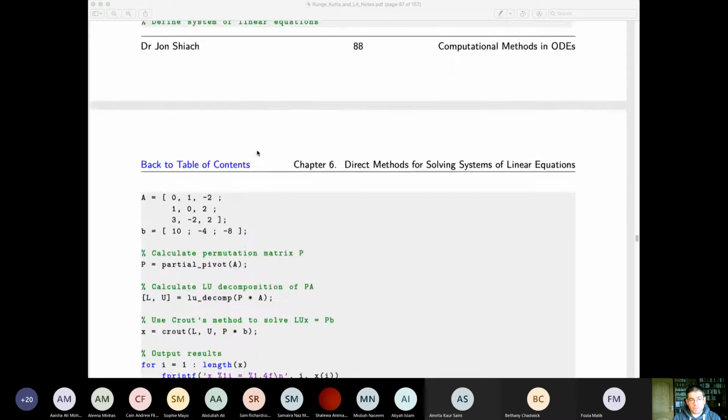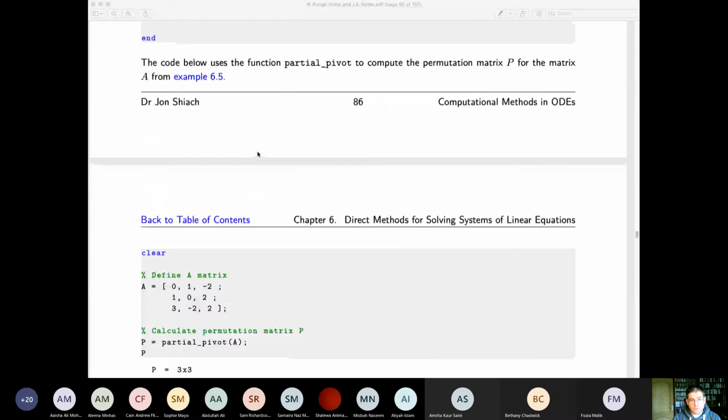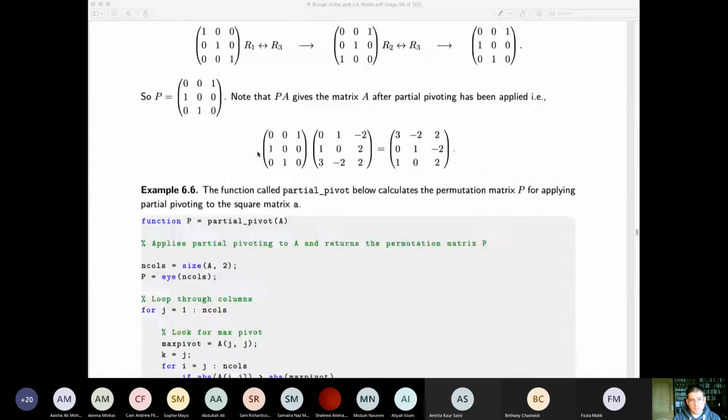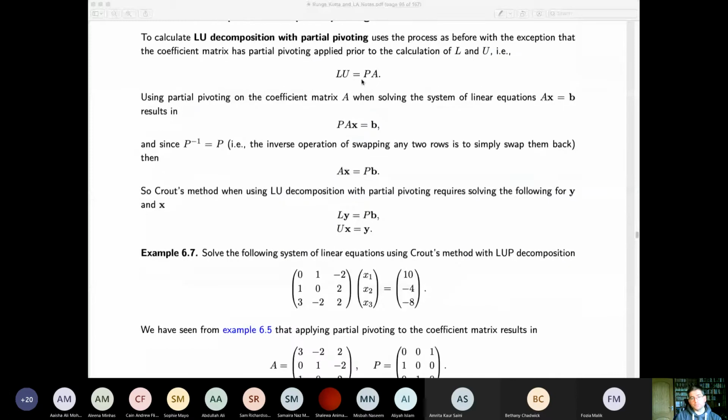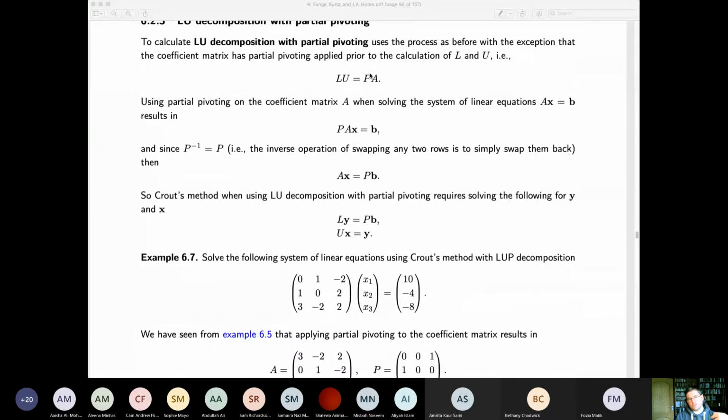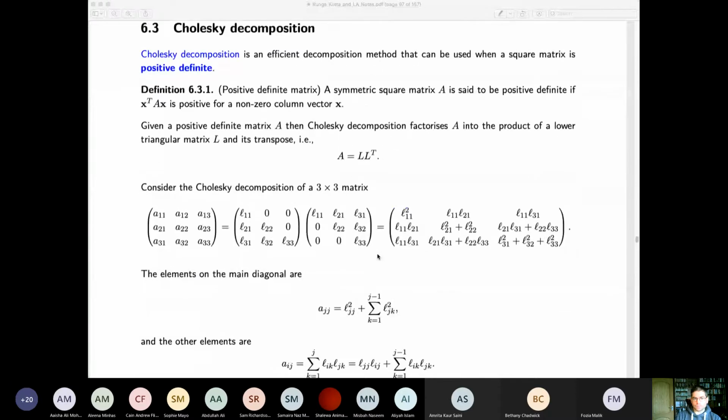If I scroll back up to the method with partial pivoting, you're applying the partial pivoting to A. You then calculate LU based on A, and because this is essentially A after the row swaps, we have to also swap the rows in B. So it's only required in the solution for Y. We don't have to do it again. Yeah, that's a good question.